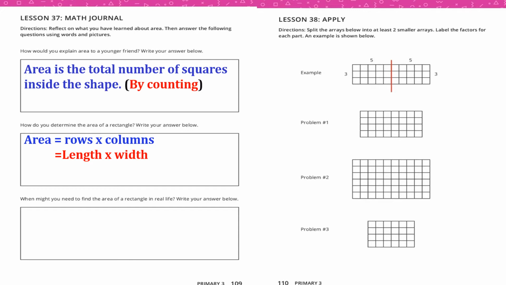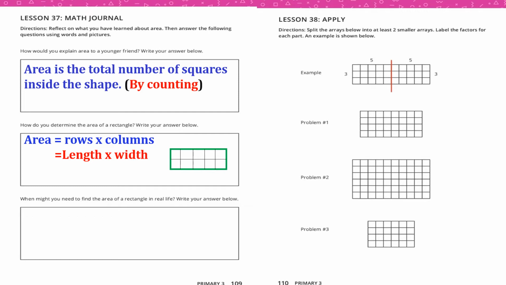If I have a rectangle like this, with rows and columns, I will count rows and multiply rows by columns. We have here 2 rows and 5 columns, so we will multiply 2 times 5. But if I don't have rows and columns, I will multiply length by width.